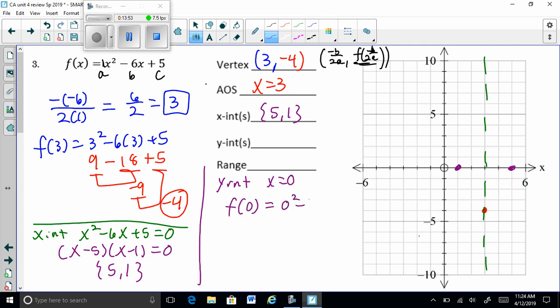So 0 squared minus 6 times 0 plus 5. What happens is you get 0 minus 0 and then a plus 5, so you just get that 5 right there. So if you let x equal 0, y is going to be 5. And so that's going to be right here. And then once again, you could reflect that across over to there. So we'll go ahead and draw this.